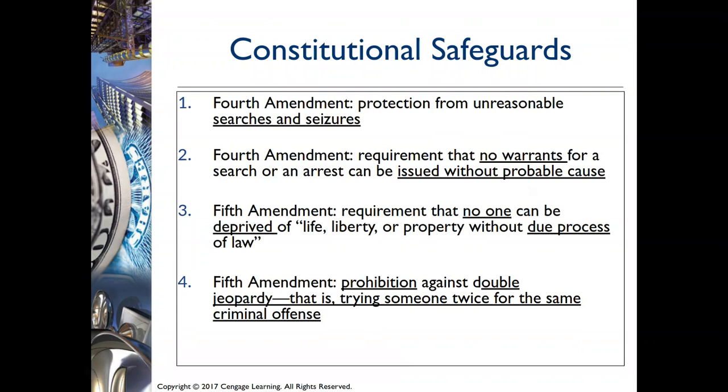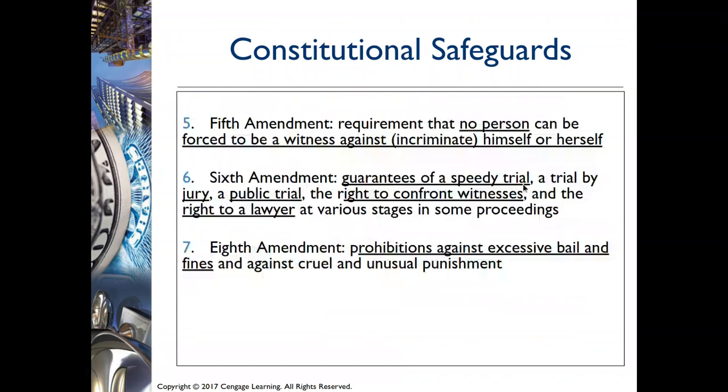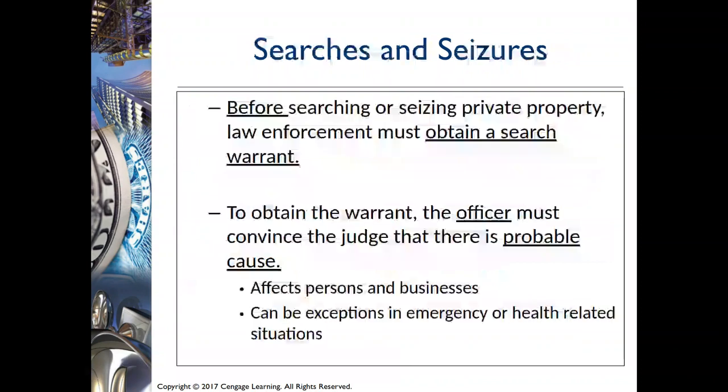The Fifth Amendment also prohibits double jeopardy, trying someone twice for the same criminal offense. Under the Fifth Amendment, no person is forced to be a witness against or incriminate themselves. Sixth Amendment, speedy trial, public lawyer, public trial. Eighth Amendment, cannot have excessive bail or fines.